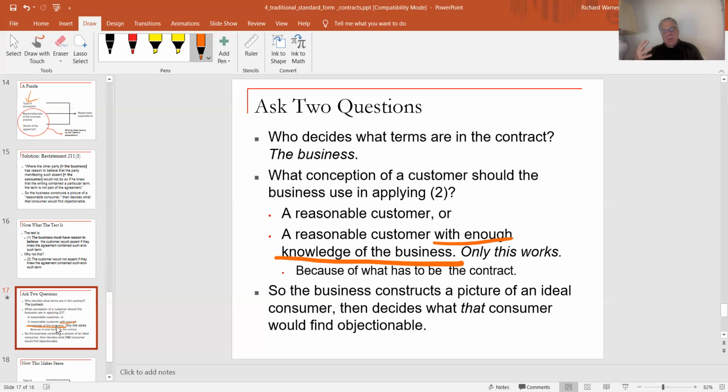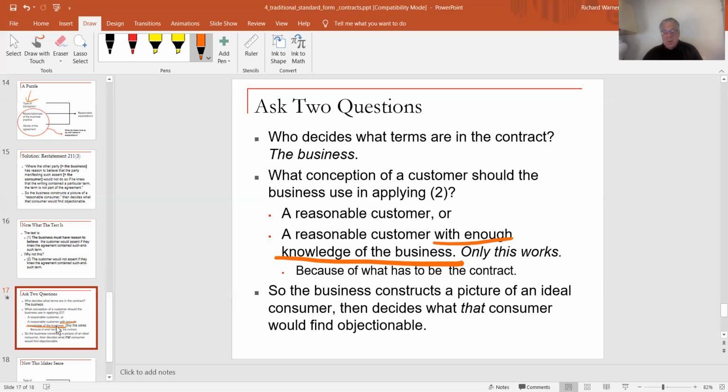So if it's going to work at all to allow contracts to do their job of adequately protecting the business, the consumer, we imagine, is going to be a consumer with enough knowledge of the business and, by the way, enough legal knowledge to actually be able to read the contract.